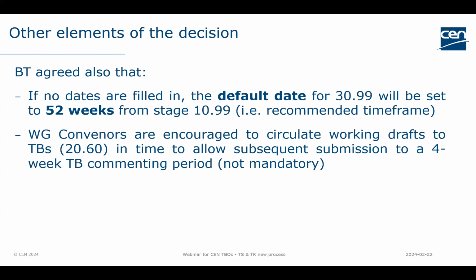It is a part of the big decision that in general, the recommended time frame for CEN TS and CEN TR is 1 year, so 52 weeks. And whether you will not, let's say, play on the dates as Laureen has just shown, this will be the default date that will appear on your project.